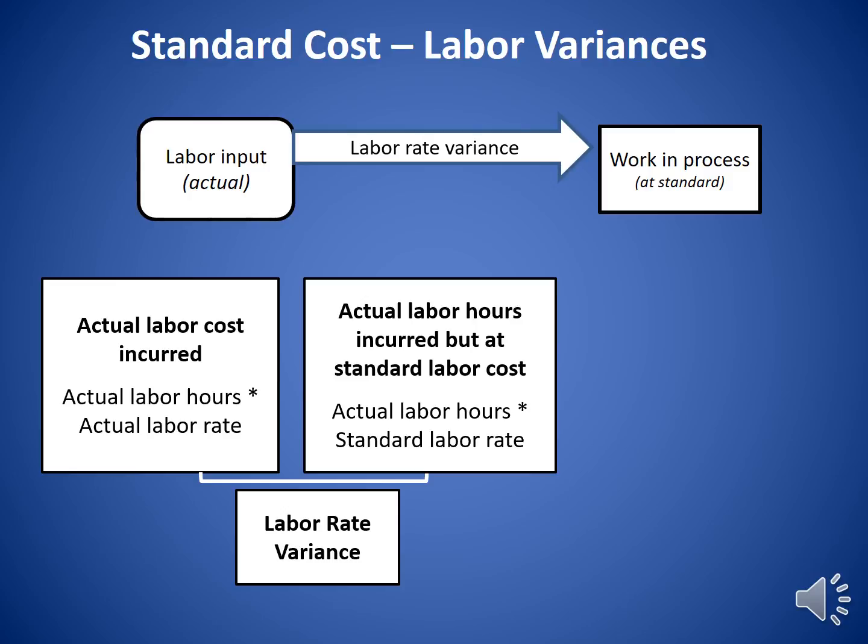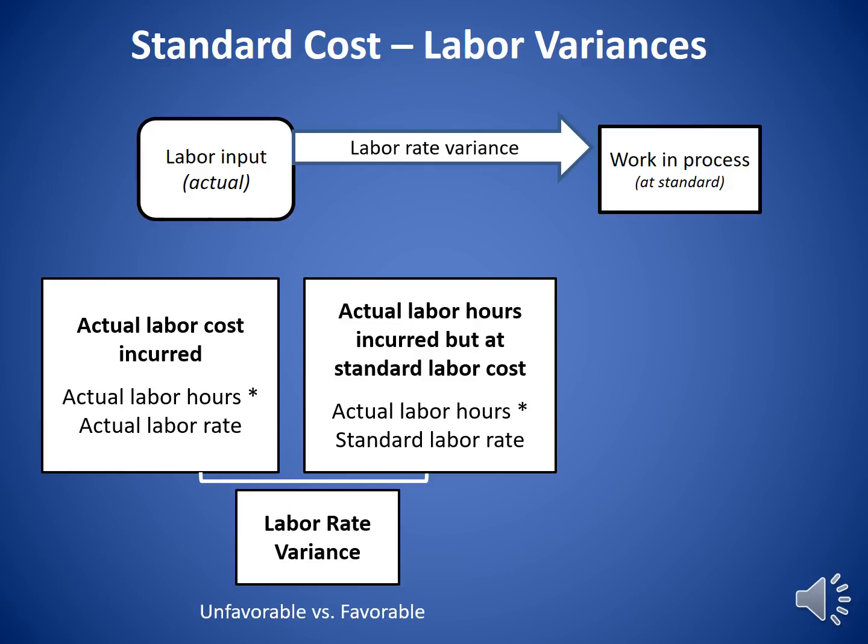So we compare the two, and we end up with a labor rate variance. And again, a labor rate variance can either be favorable or unfavorable. The way you have to look at this, again, is not plus or minus. You have to look at it as what actually occurred versus what we expected to have incurred.